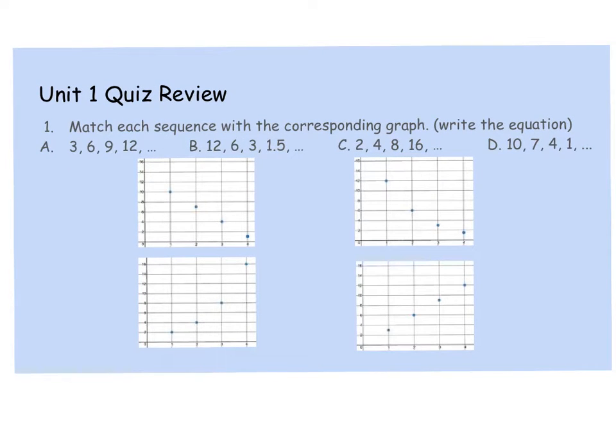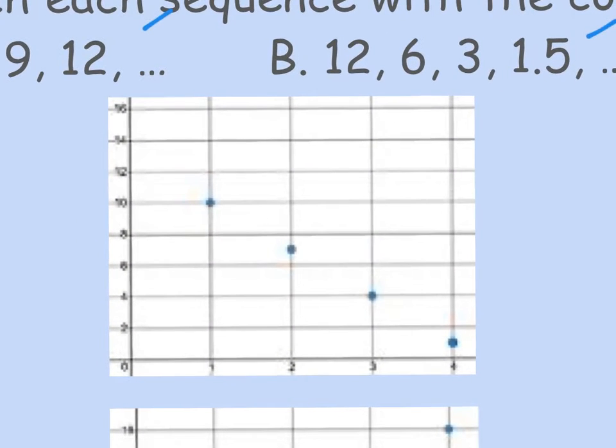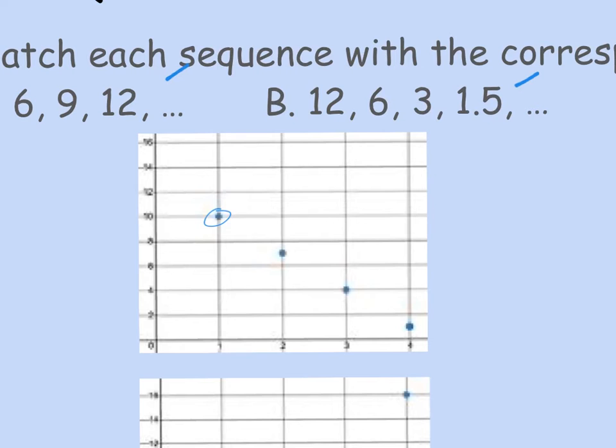This first problem, number 1, deals with 4 graphs, and you want to match it up with any one of these ordered pairs. So let's go to the first one here. My first ordered pair is 1, 10. Second one looks like it's 2, 7.